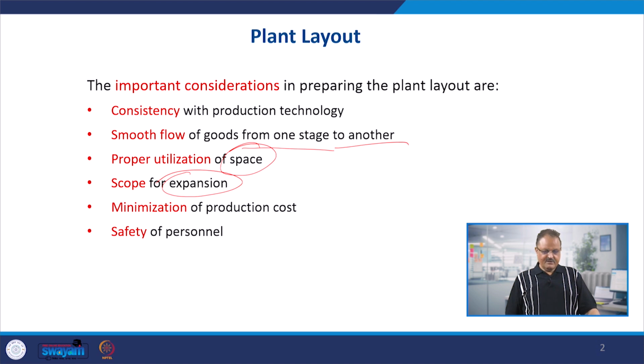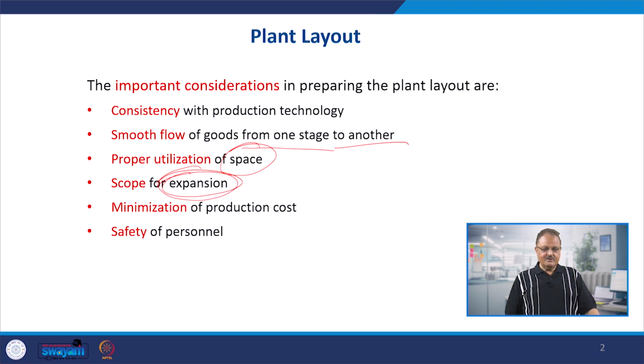Existing capacity, maybe initially it may be 40 to 50% of capacity we are utilizing. Over a period of time, we can increase the capacity to 60, 70, 80, 90. A point will come when the 100% capacity would be exhausted, and then we have to expand that plant or maybe the existing facility. So for that purpose, there must be sufficient space and scope for expansion.